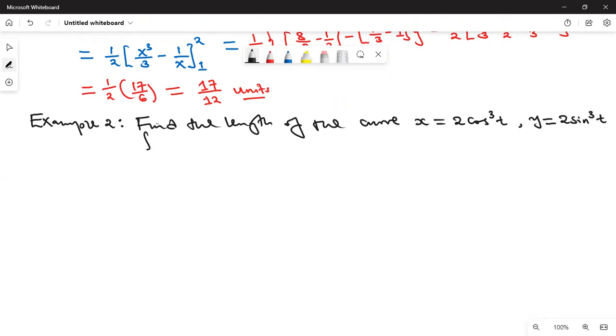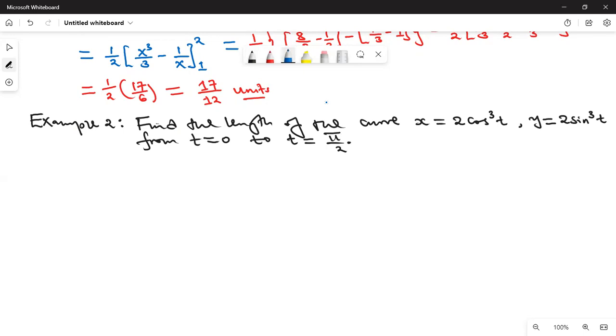So you can write from t equals 0 to t equals pi over 2. That's what we have. Solution.